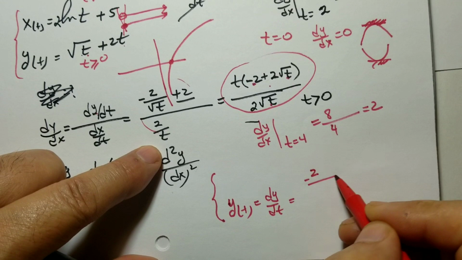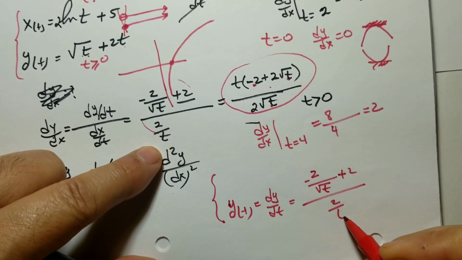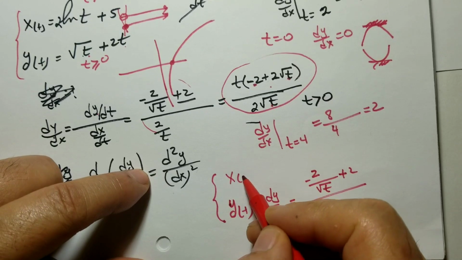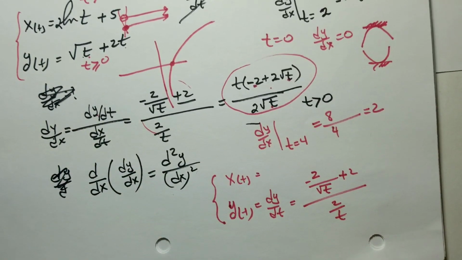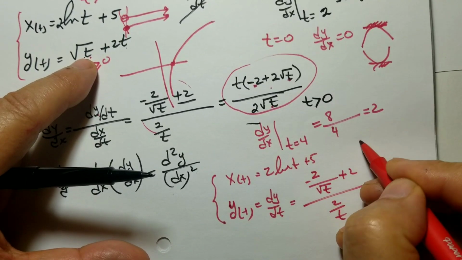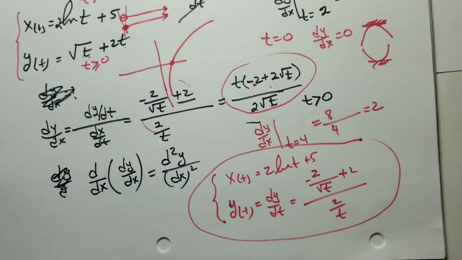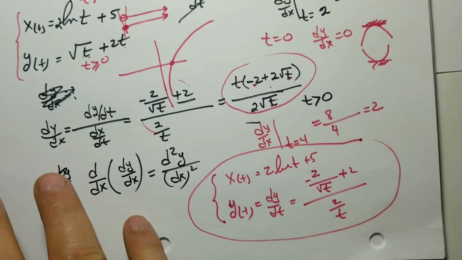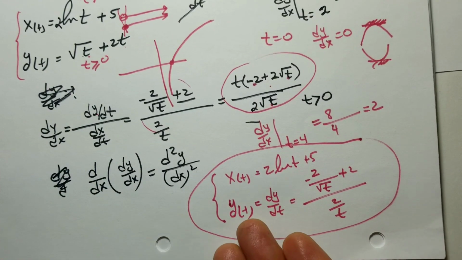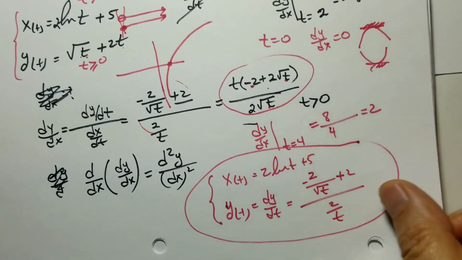It becomes negative 2 over a square root of t plus 2 over 2 over t. And what is your x? My dx dt is going to repeat itself. Therefore, the second derivative is the same as the first derivative, except in place of the y, you're going to see dy dt sitting right here.